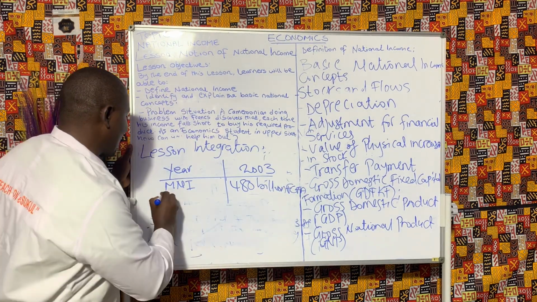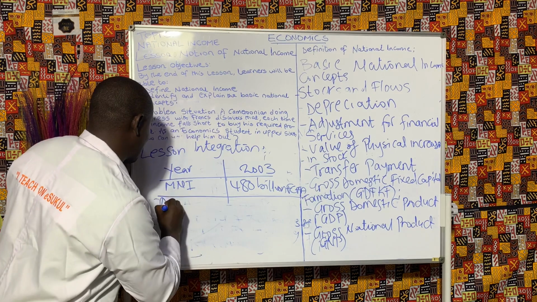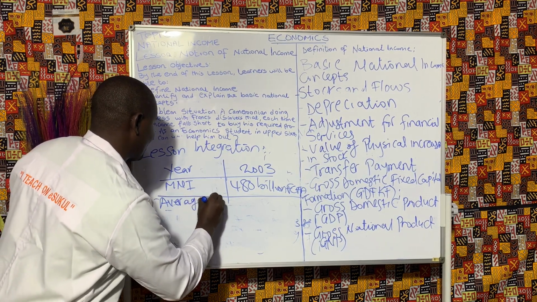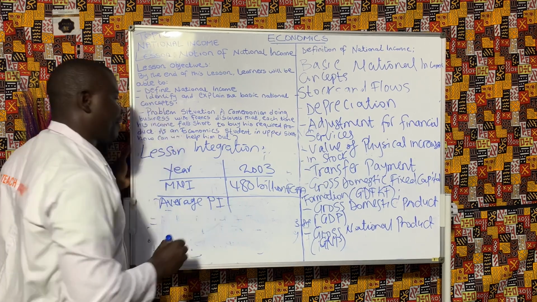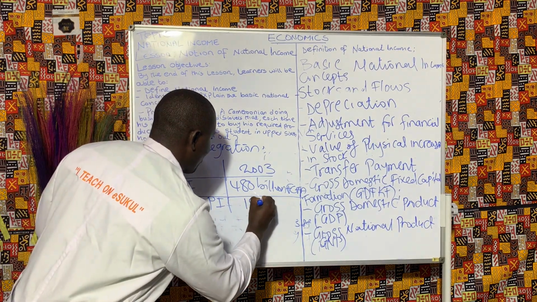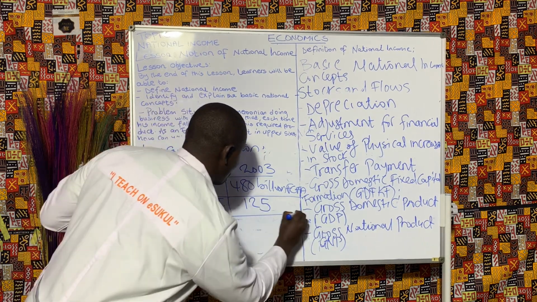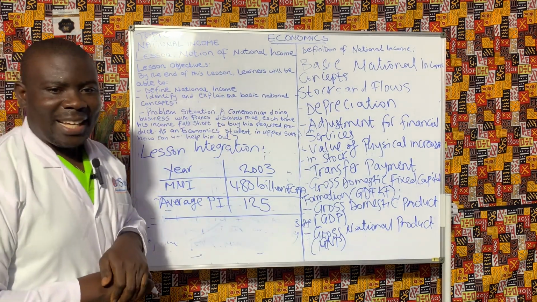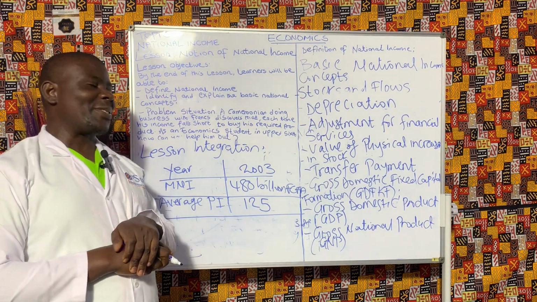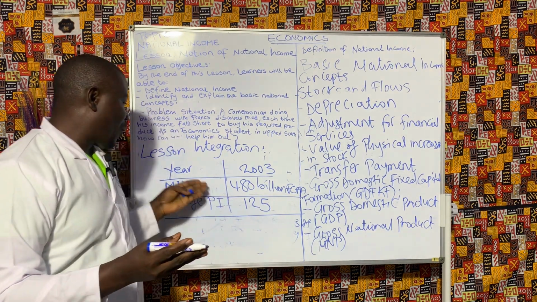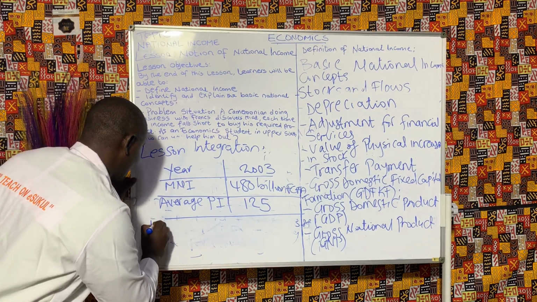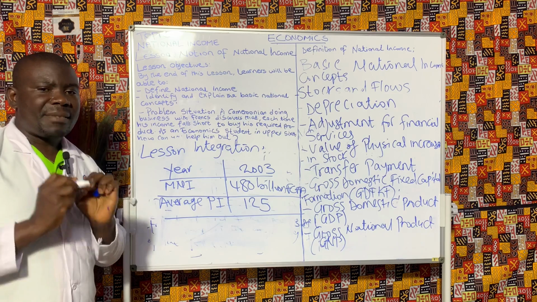We move on, that is the average price index of the year, that is 125.